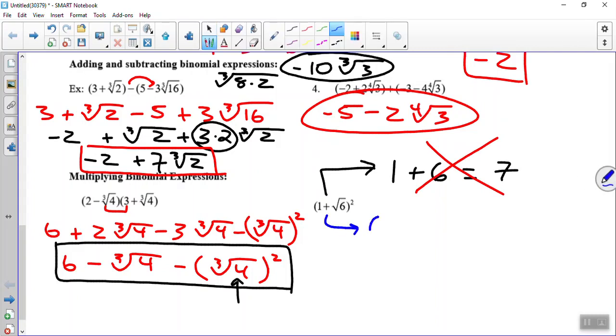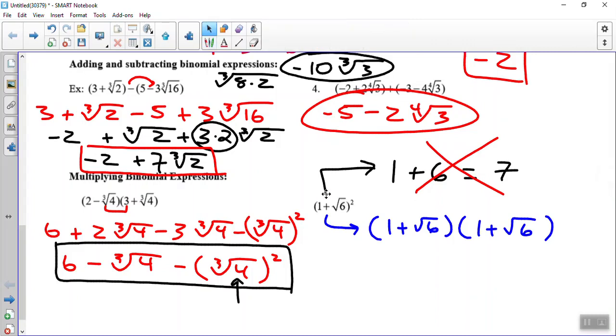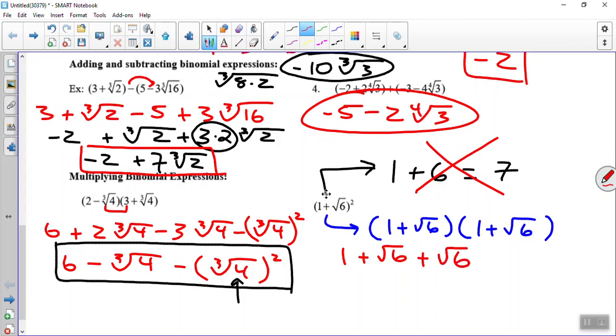This means 1 plus the square root of 6 times 1 plus the square root of 6. We're still going to be foiling. First, 1 times 1. Outer, 1 times root 6. Inner, 1 times root 6.